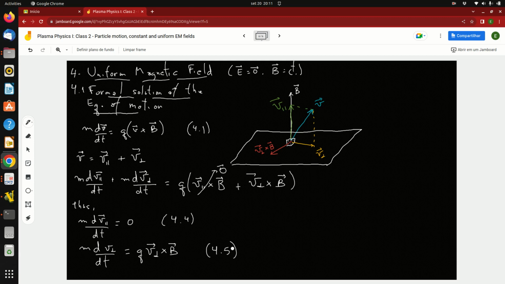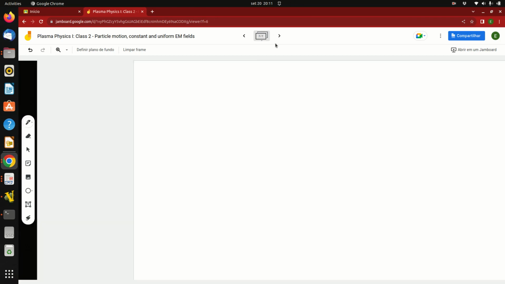Well, from 4.4 we see that the velocity of particles along B does not change, so it's a constant velocity. Now let's rewrite equation 4.5 in this way. Let's change the notation in order to make it easier for us to interpret what is happening.